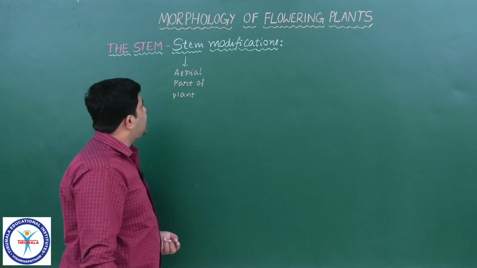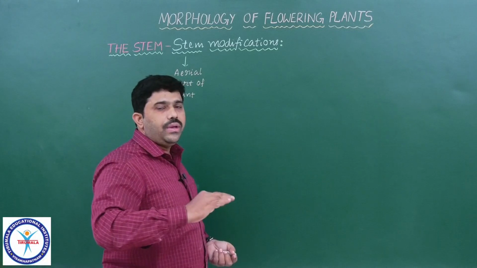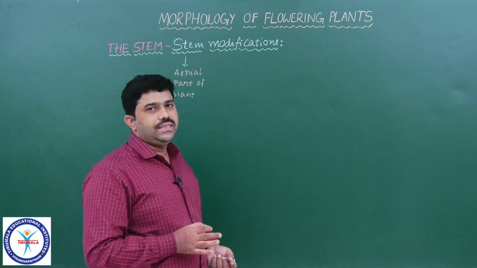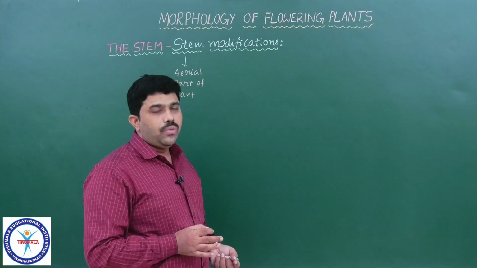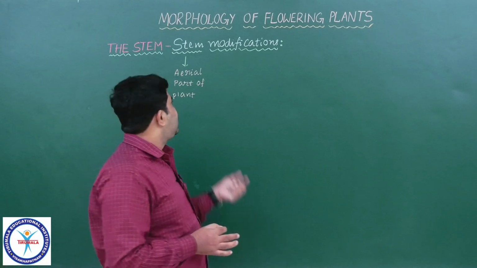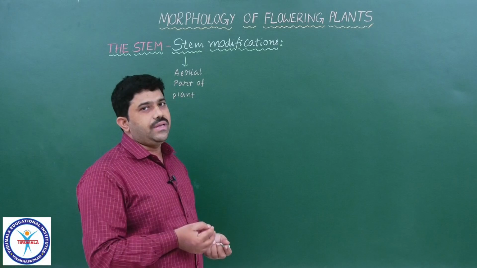Understood? It is one of the plant axes which grows towards the light, showing phototropic movements, positive phototropism and negative geotropism. That is the part we already understood clearly through the previous lectures.